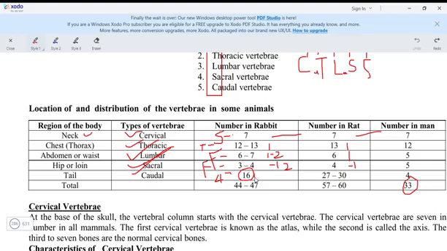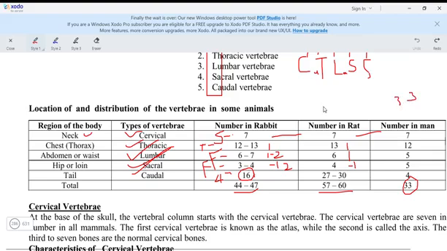That's why the total number of vertebral column in rabbits is 44 to 47. In rats, 57 to 60. But in man, it is 33. So how will you remember? You start based on the spelling. For man it is 33.